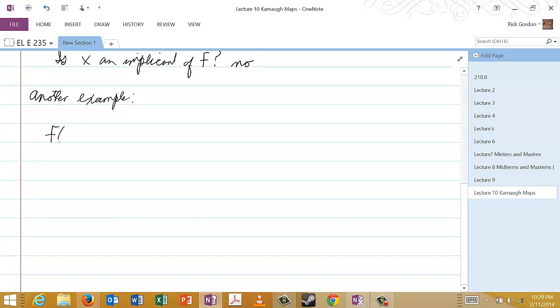Let's say this time that f of x, y, z is equal to xy, or xy prime, or let's say perhaps yz.